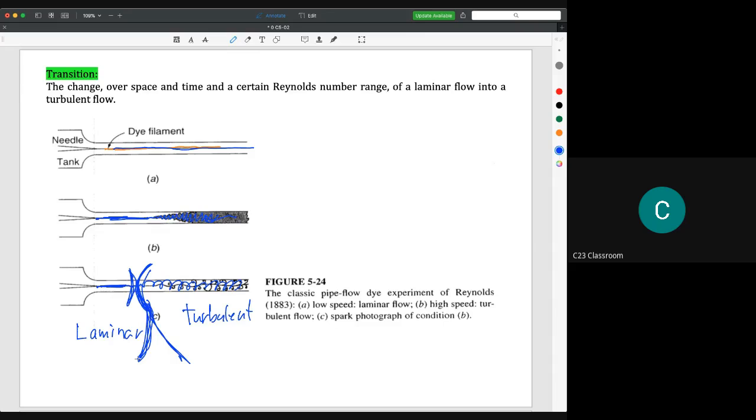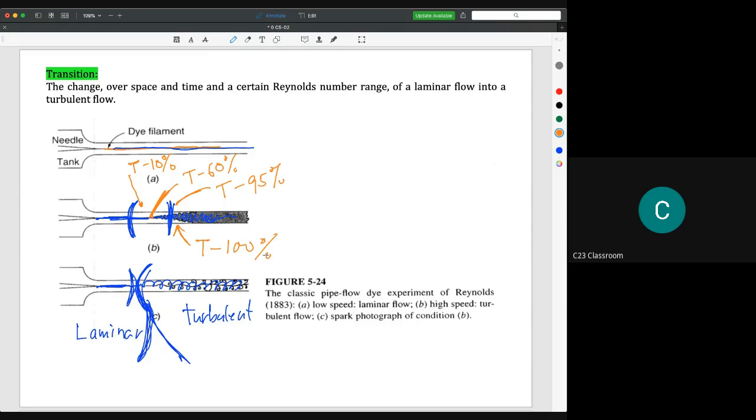For example, in this transition region, maybe at this point turbulent is 10%, at the middle here maybe turbulent becomes 60%, and just here the turbulent is maybe 95%. And then suddenly at this region, the turbulent is now 100%.